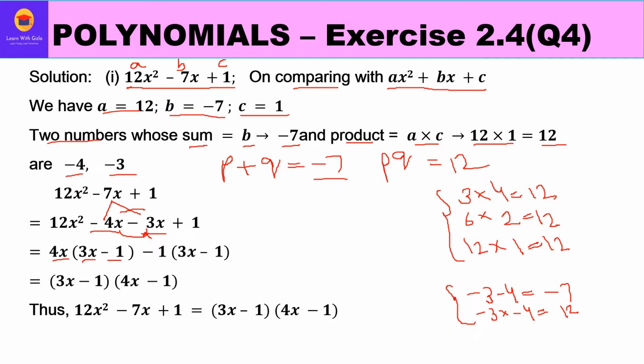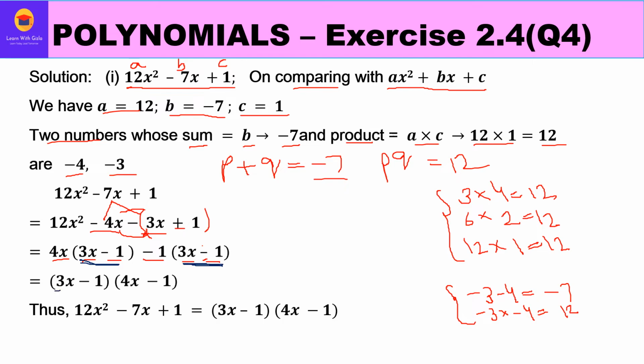Then minus 1 common, because there is nothing common in this 3x plus 1. So 1 we have taken common along with the minus sign. So we are left with 3x, and this plus will change into minus, right? Because minus into minus is plus. So minus 1. Now 3x minus 1 is over here also. As you can see, 3x minus 1 is over here, and 3x minus 1 is over here, one of the factor.